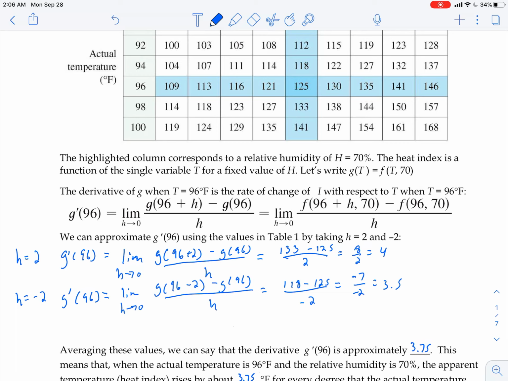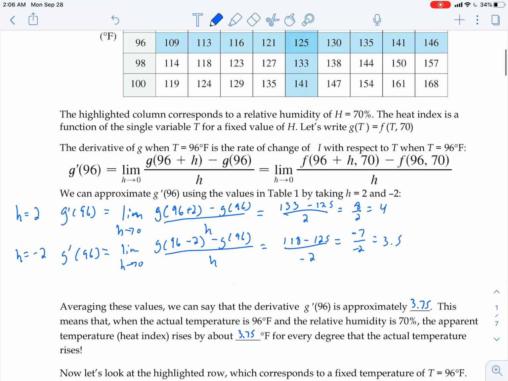For the value 1 less on our table of 96, we have h is negative 2. So we get G of 96 minus 2 minus G of 96, so 118 minus 125, which is negative 7. Divide that by negative 2, we get 3.5. Averaging these two values, we can say that the derivative G prime of 96 is approximately 3.75.